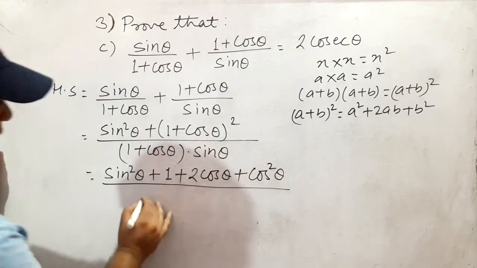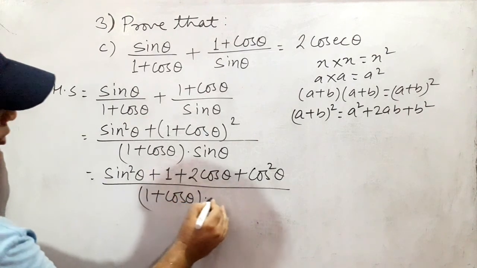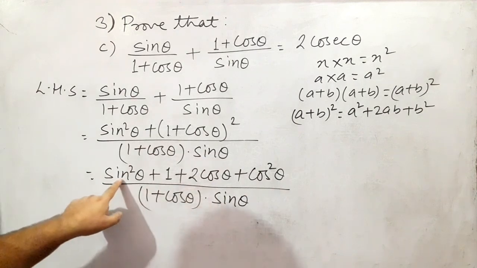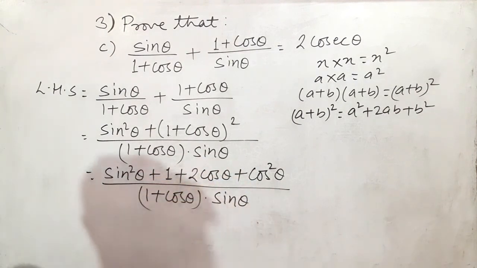by (1 plus cos theta) into sin theta. Sin square theta plus cos square theta is equal to 1.